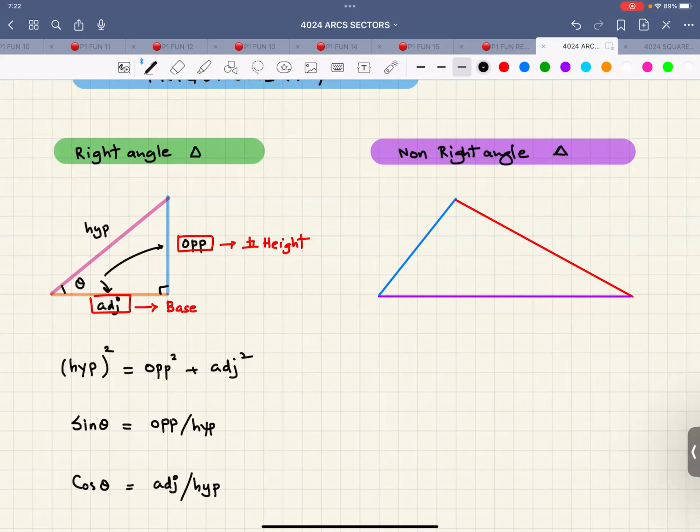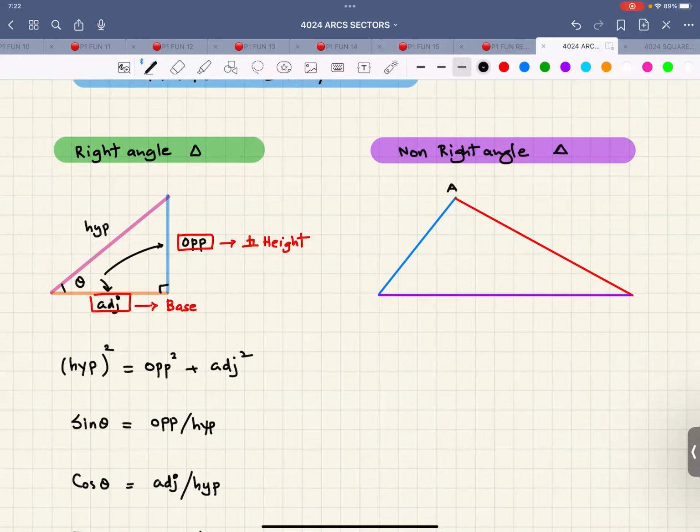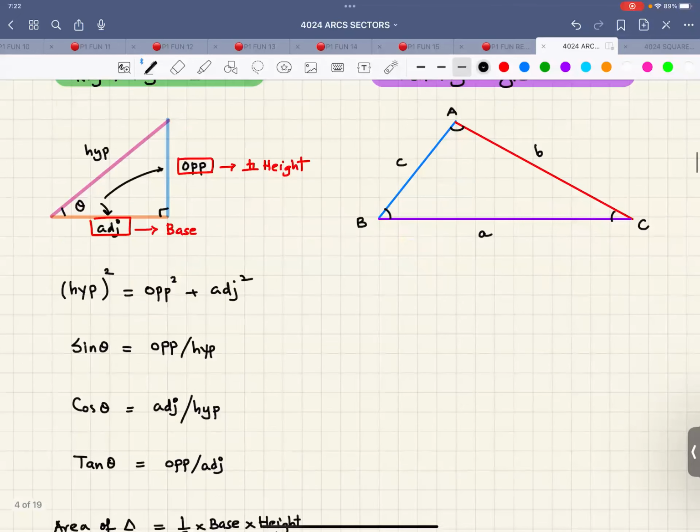We are writing angle point A, point B, point C. Similarly, angle A, angle B, angle C. In front of A is small a, in front of B is small b, in front of C is small c. So the big ones, A, B, and C, they are the angles. And the small ones, a, b, and c, they are the sides.